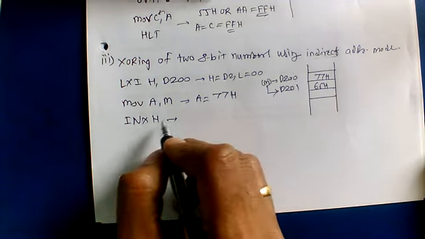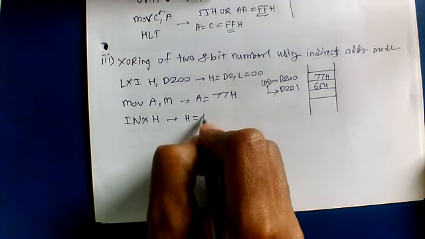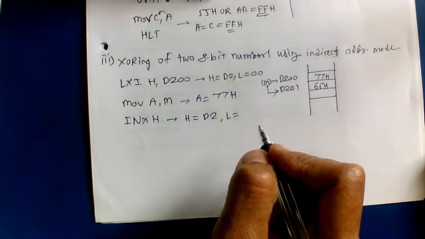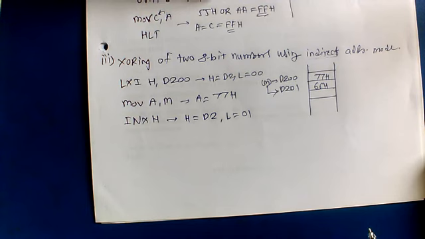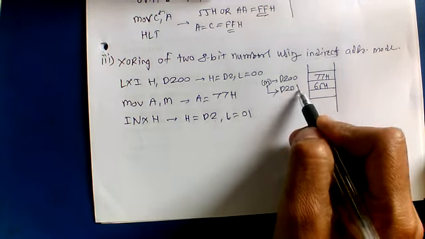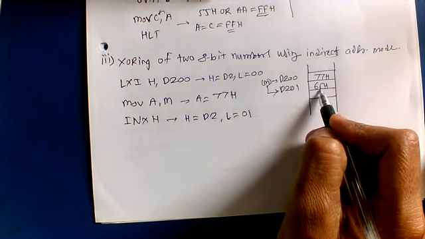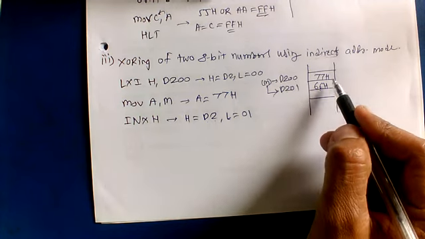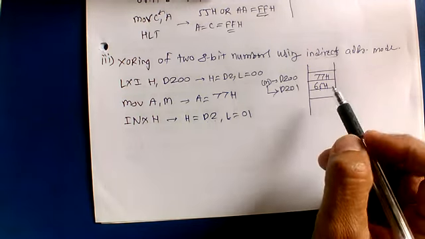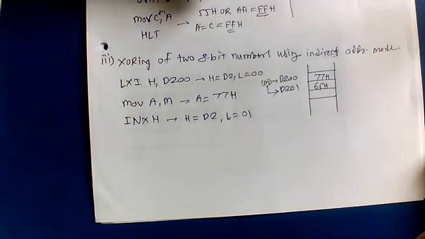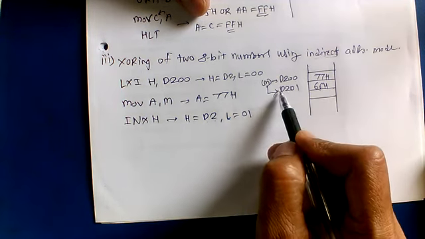After the execution of this INX H, in H you will get D2 and in L, after incrementation, you will get 01. So D201. At location D201, 66 is stored; during the execution of the program you have to store these two numbers at locations D200 and D201. Now the memory pointer is pointing where? At location D201.